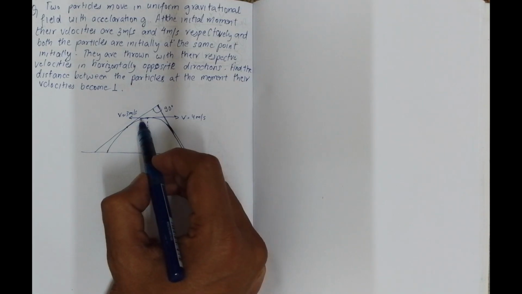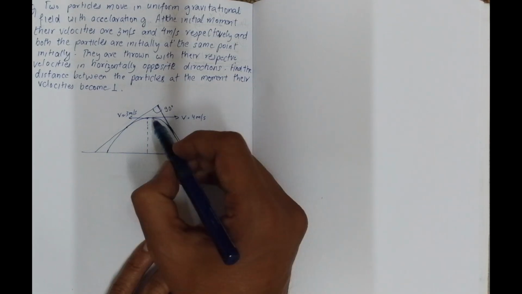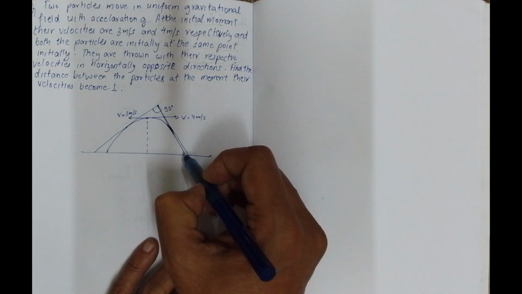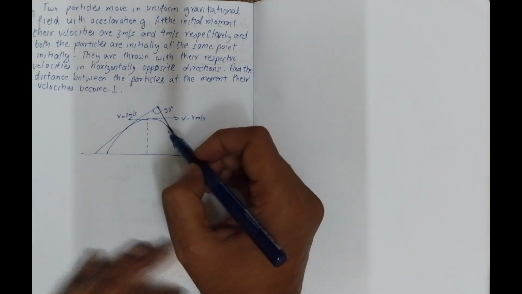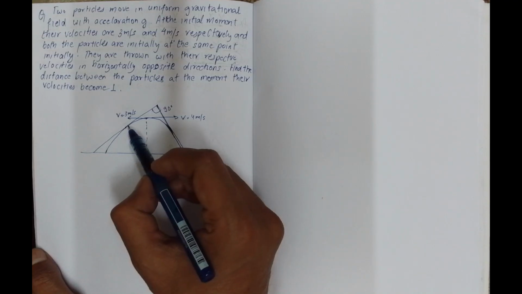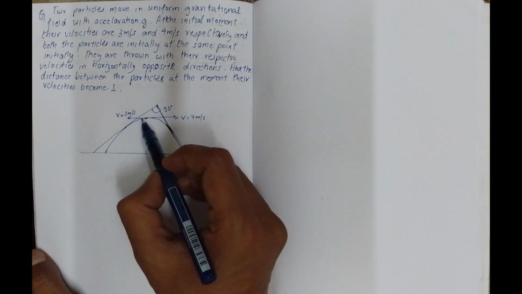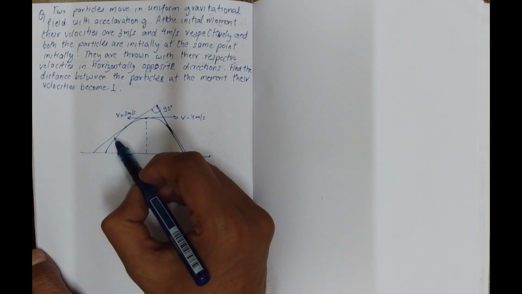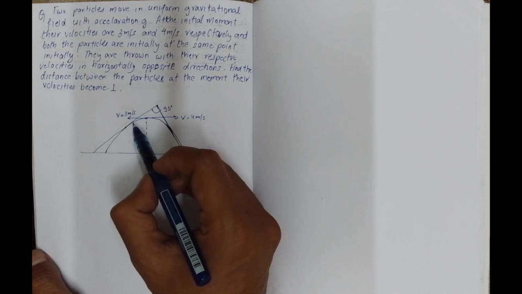If this is the trajectory of this particle and this is the trajectory of this particle, we can make out that the velocity at any point will always be along the tangent to the trajectory at that particular point.